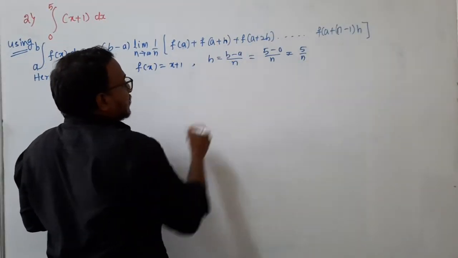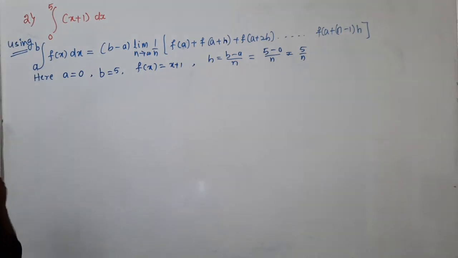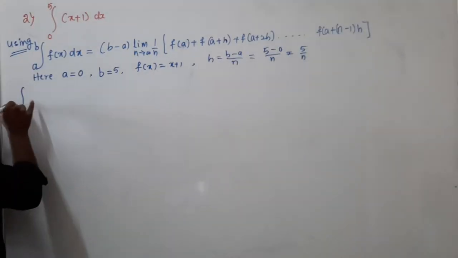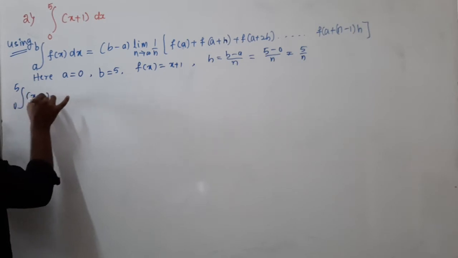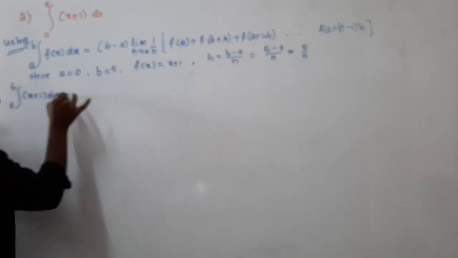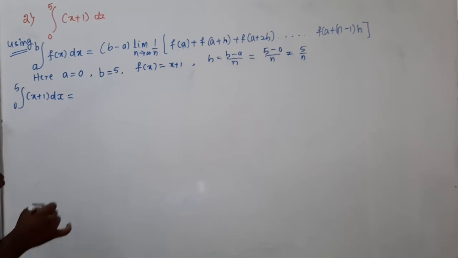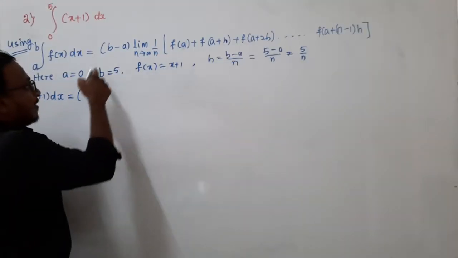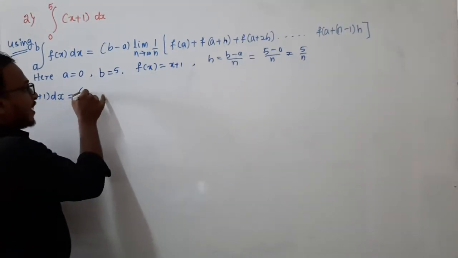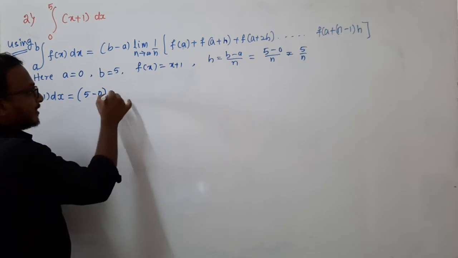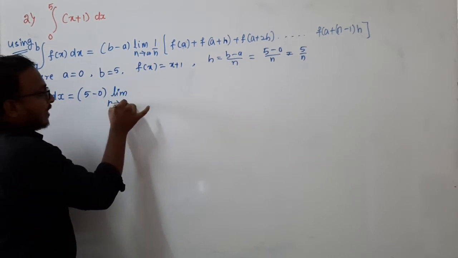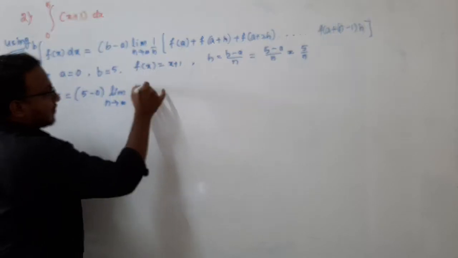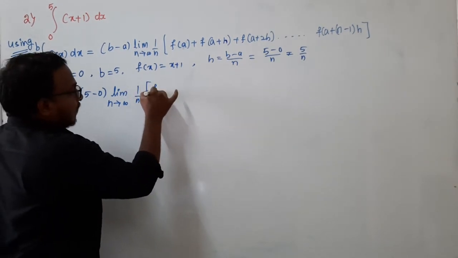Now take the integral from 0 to 5 of x plus 1 dx, which is equal to b minus a, that is 5 minus 0, limit n tends to infinity, 1 by n into f of a.